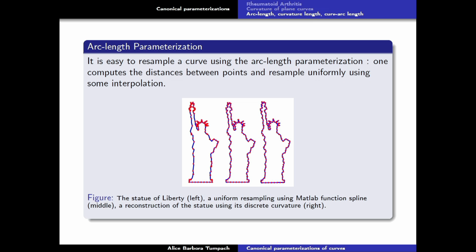So you can really reconstruct the curve with these two pieces of information. The reconstruction here is the last picture. It's not perfect. If you see the upper part here where the flame is located, there is a bit of deviation which comes from the error of reconstructing the curve from curvature.